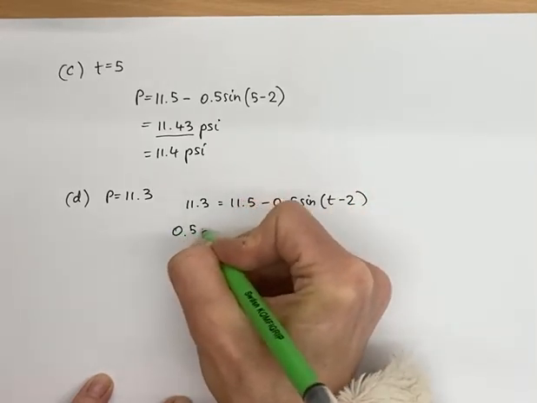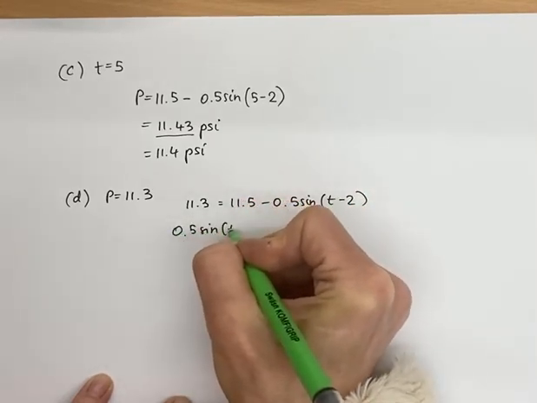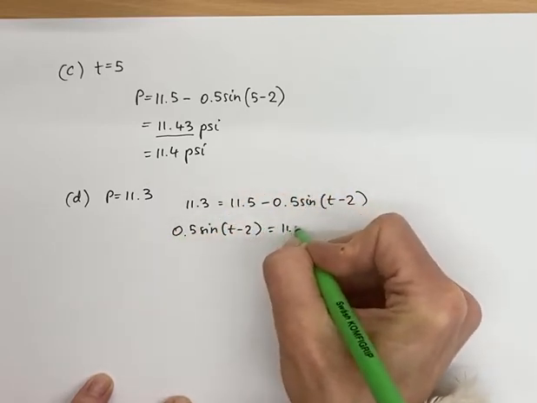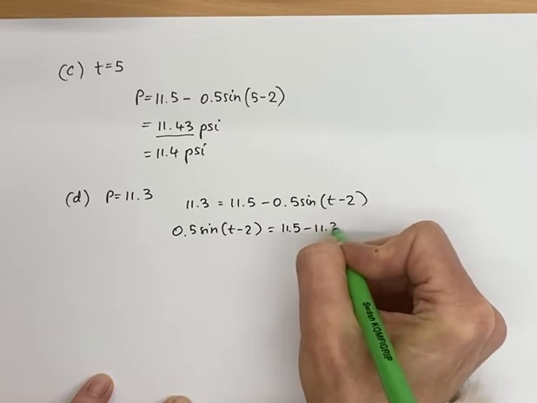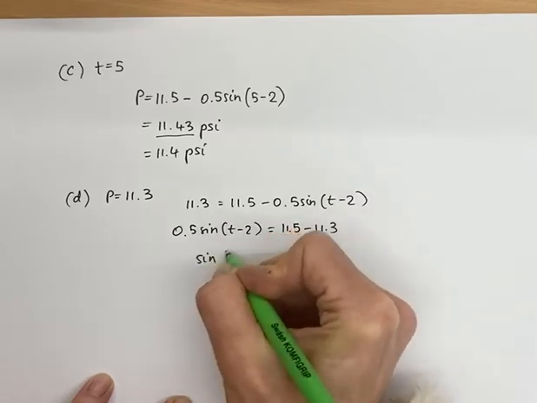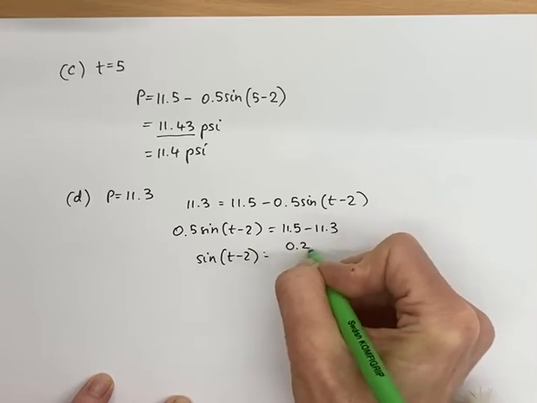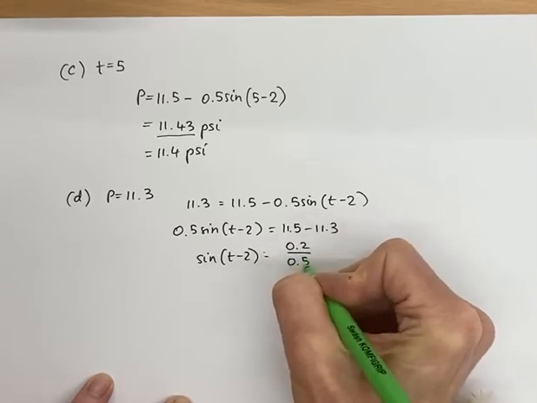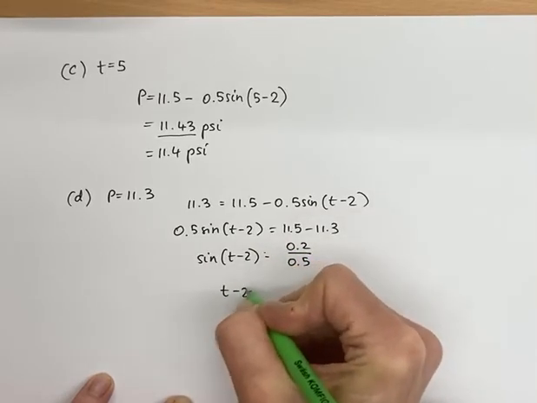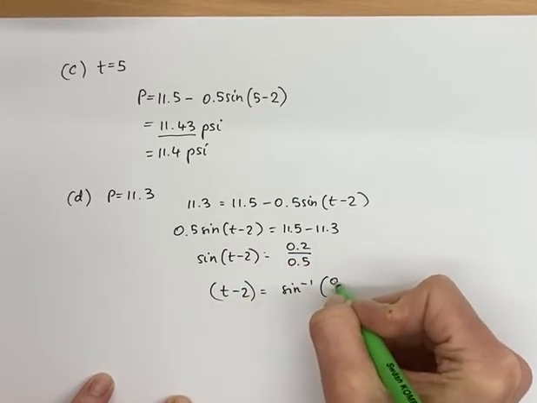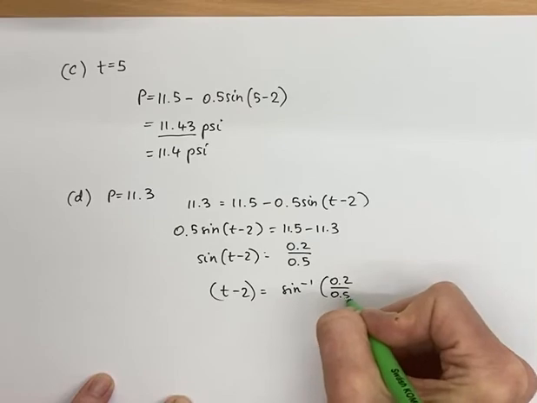So 0.5 sine (t minus 2), if I move that one across here, this is going to be 11.5 minus 11.3. So sine (t minus 2), we can work it out to be 0.2 over 0.5. t minus 2 is equal to sine inverse of 0.2 over 0.5.